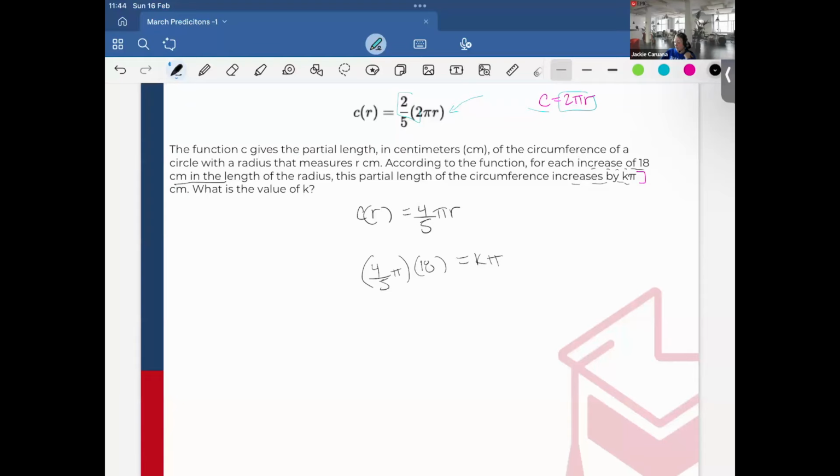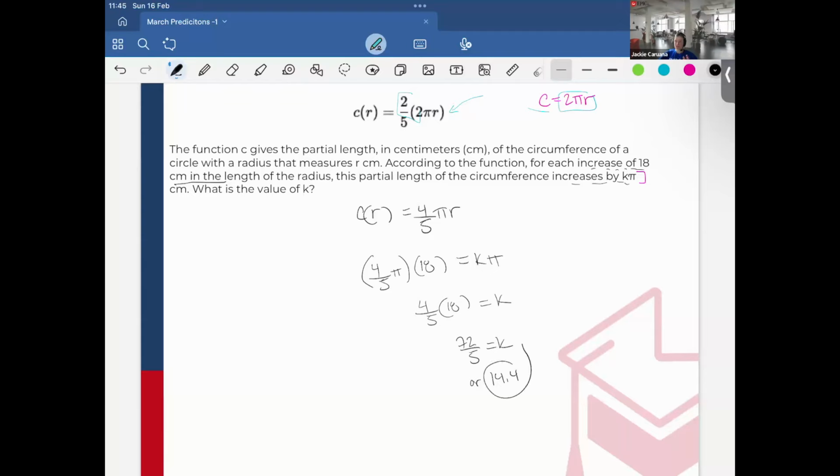And then I can divide each side by pi and basically do 4/5 multiplied by 18 is equal to k, which will give me 72, right? Yes, 72 over 5, which is equal to k, which could be written that way, or 14.4 you could type in. And that's basically the answer.